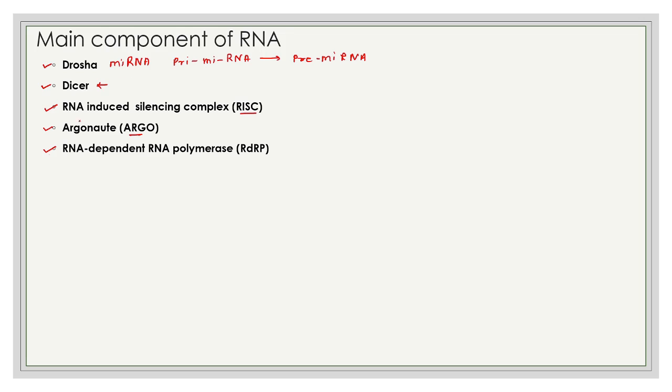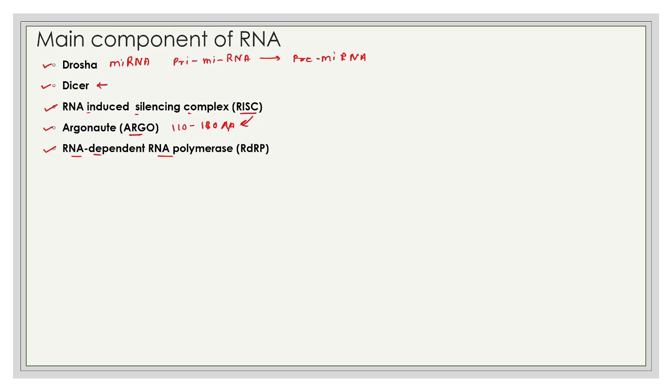Next one is the RNA induced silencing complex, that is the RISC complex. The RISC complex is made up of 2 to 3 different subunits, including argonaute, slicer. Then what is argonaute? Argonaute is a protein molecule made up of near about 110 to 130 amino acids. It is a part of the RISC complex. Now the last one is RNA dependent RNA polymerase. It is used for amplification of double-stranded RNA.